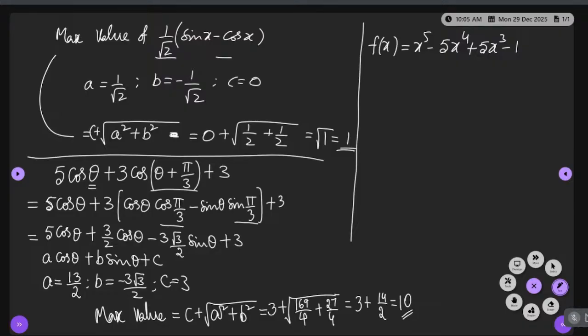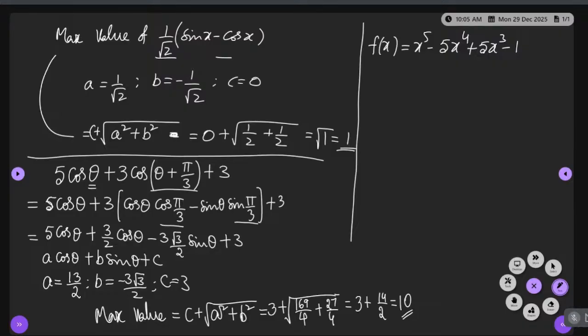First option: 1 minima and 2 maxima. Second option: 2 minima and 1 maxima.